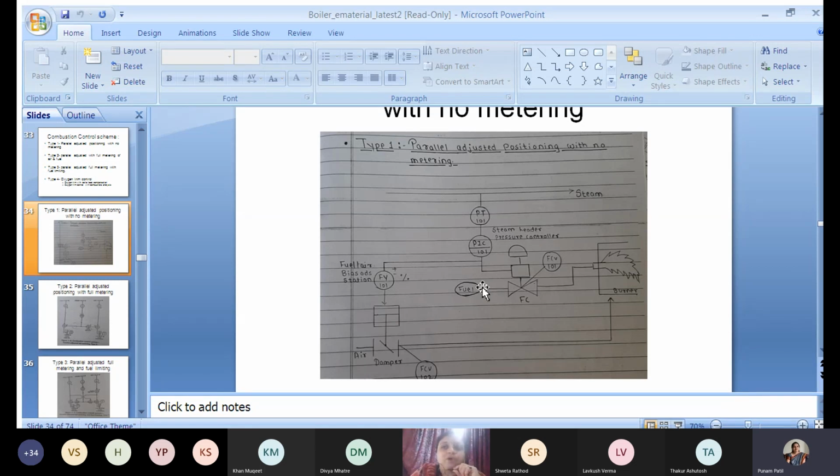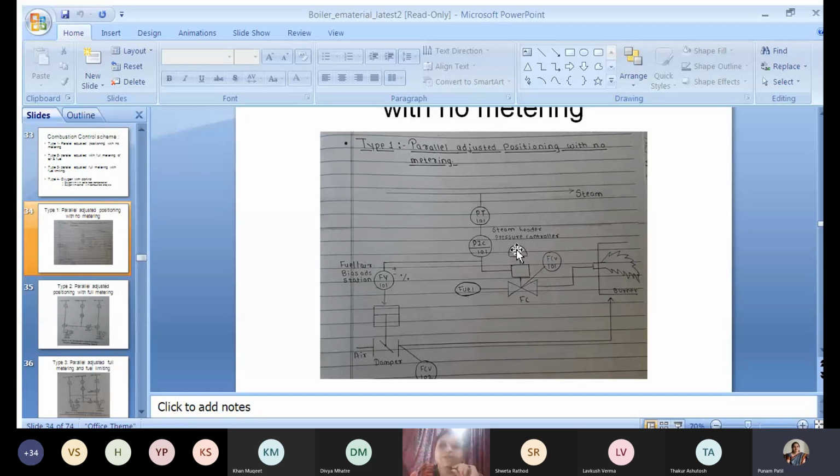Here we are not measuring the fuel flow, we are not measuring the air flow. What we are doing is just adjusting the fuel and air control valves to change their flow rate depending on the steam demand. That's why it is called parallel adjusted positioning without metering, or no metering is there.